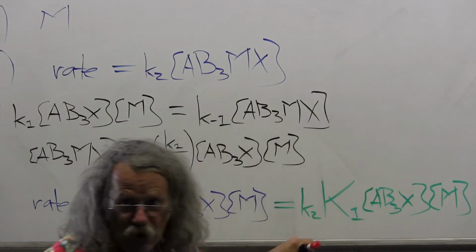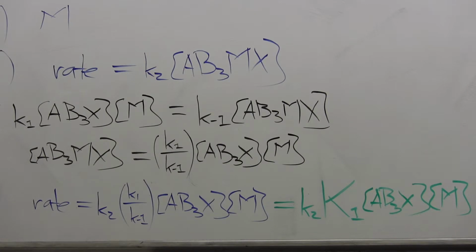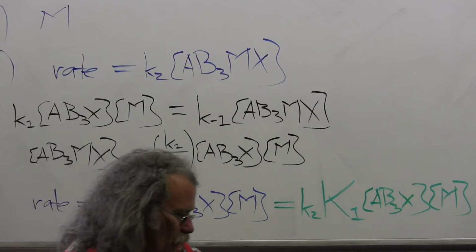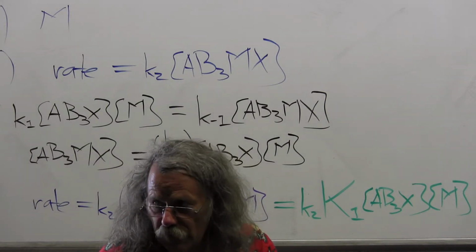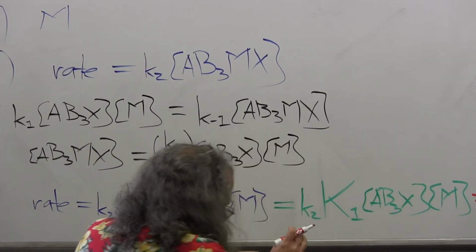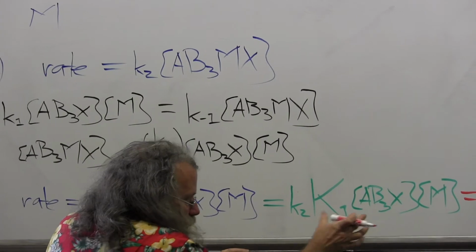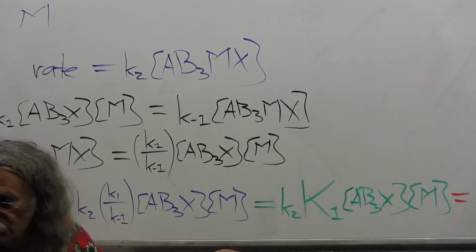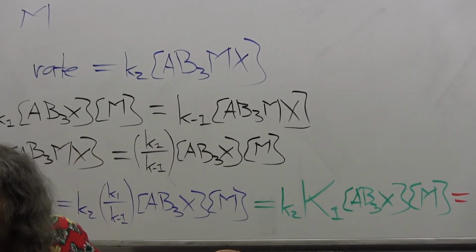But wait, there's more. I'll throw in a free can of Ari and a chamois with every purchase. What's the next thing I could do if I really want to get fancy schmancy? K observed? Yes. Actually, what we have, see, in order to tether this to what we've observed in the laboratory, recognize that this collection of terms before the concentrations is the observed rate constant that we would observe in the laboratory.